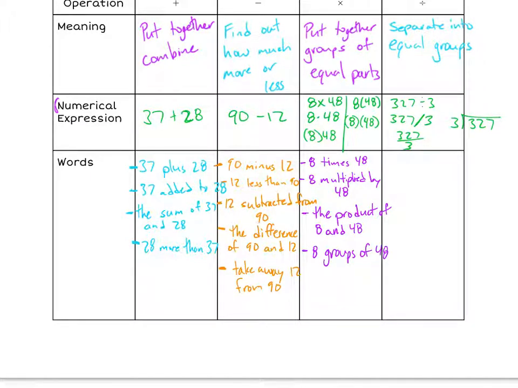All right, division. I only have two of them. Maybe come up with more, but what do you think? 327 divided by 3. The quotient of 327 and 3.